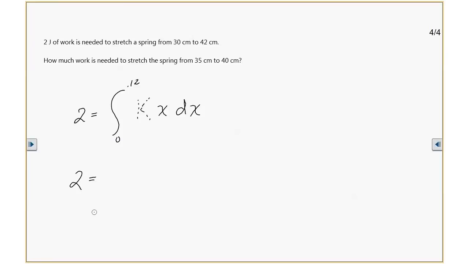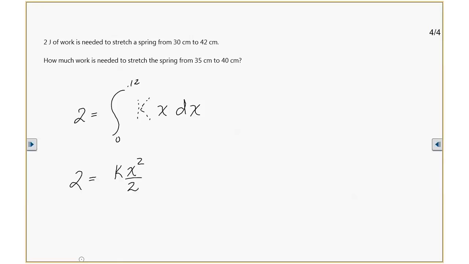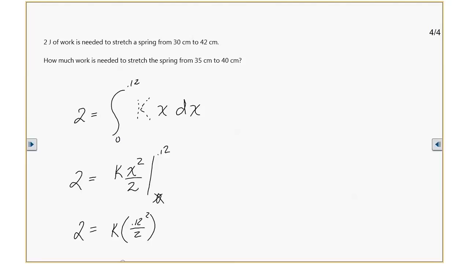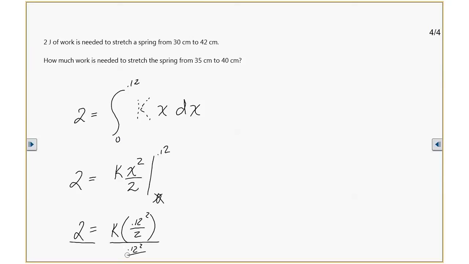Anyway, 2 is equal to what? What's K? K x squared over 2, evaluated at 0 and 0.12, and then 0, of course. If you evaluate this, the 0 is going to go out, so that's not a factor. 2 is equal to K times 0.12 squared over 2, and divide both sides by 0.12 squared over 2.